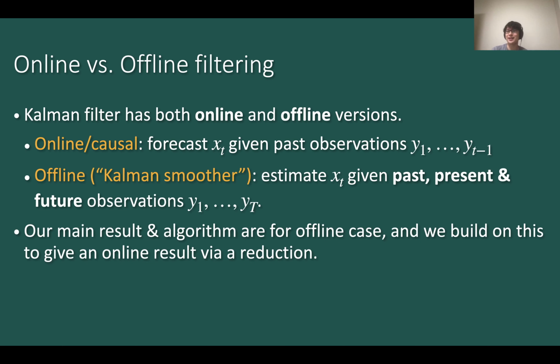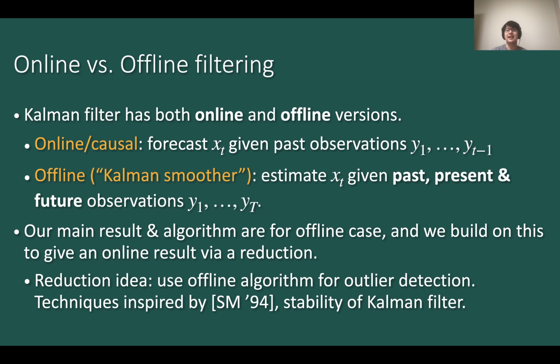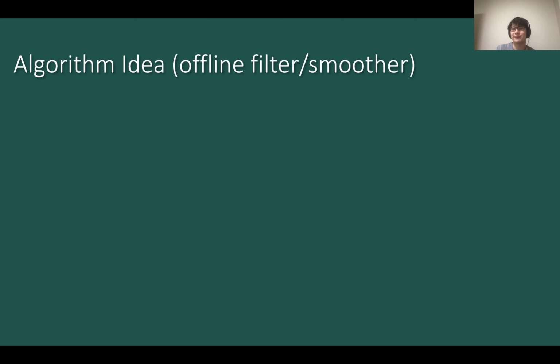This allows us to avoid some of the difficulties I mentioned with understanding a nonlinear dynamical system, and we'll do some kind of reduction-based argument to get some online results. And I won't say much about the reduction except that it uses the stability of the Kalman filter, and it's a little bit inspired by the techniques in that literature and in the paper by Schick and Mitter. Okay, so we're going to focus on building an offline filter, or a smoother.